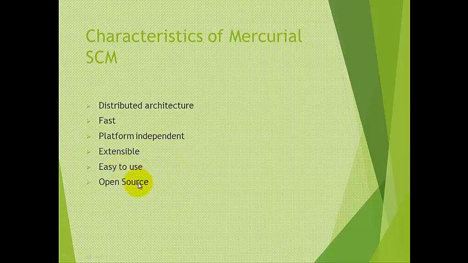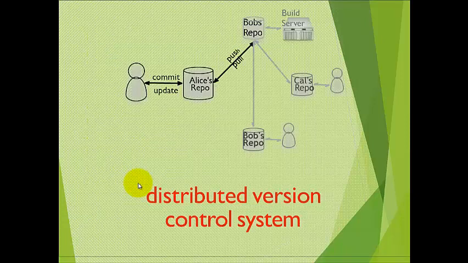And most importantly, it's open source. Mercurial is free software licensed under the terms of the GNU General Public License version 2. So having said the characteristics of Mercurial SCM, let's go forward.